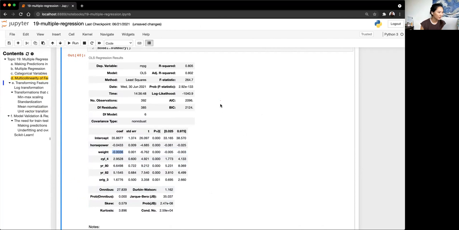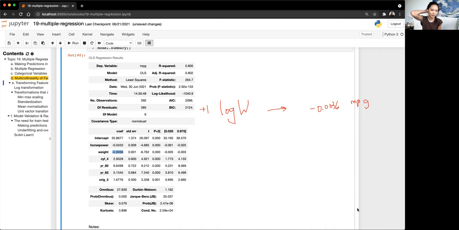So if you know that a +1 in log weight leads to a negative 0.0036 of your miles per gallon, how much does weight actually affect miles per gallon?